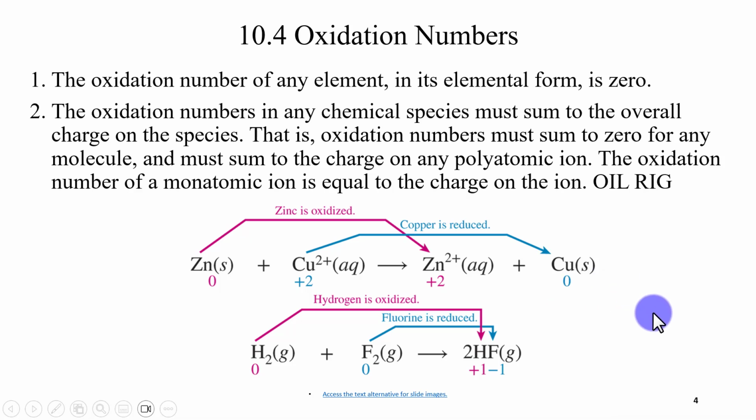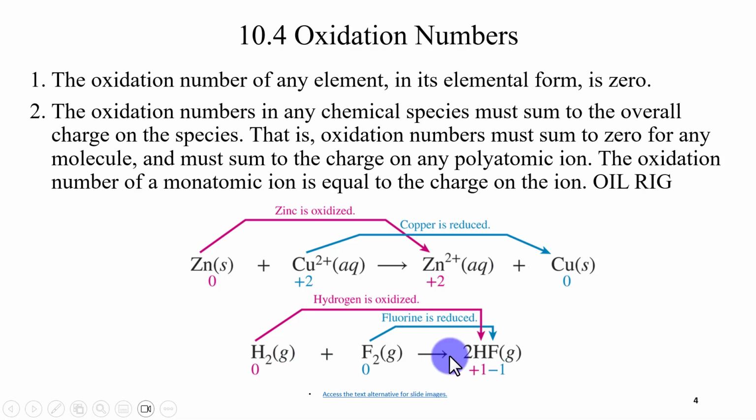If we write a little number line, +2 will be on the right-hand side and 0 will be here, so you're moving to the left of the number line. That means that copper is becoming reduced because it's becoming more negative. Zinc starts at 0 and it ends up at +2, so it's becoming more positive: 0, +1, +2. That means that it's being oxidized. Oxidation is loss. It's losing electrons.